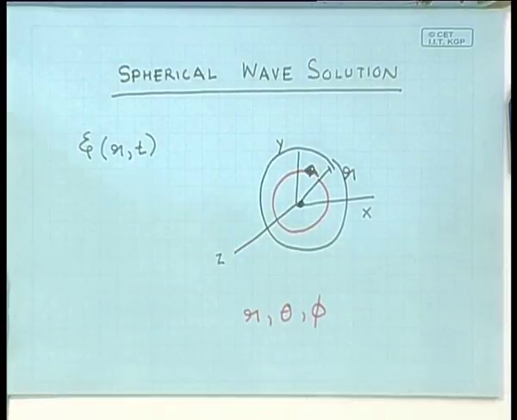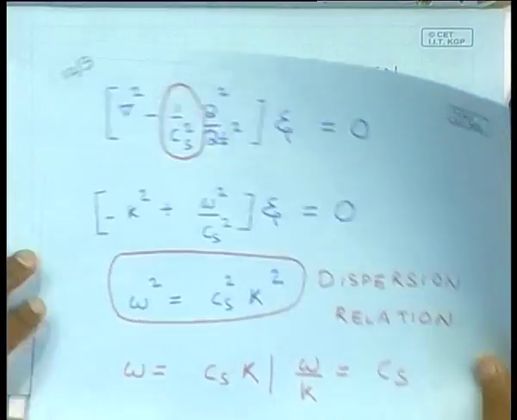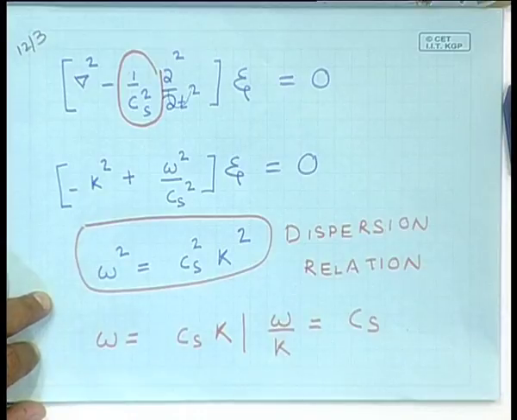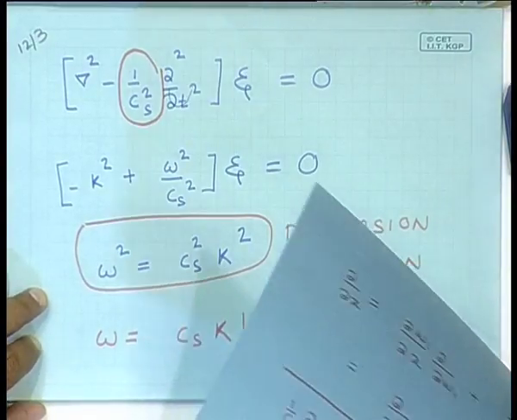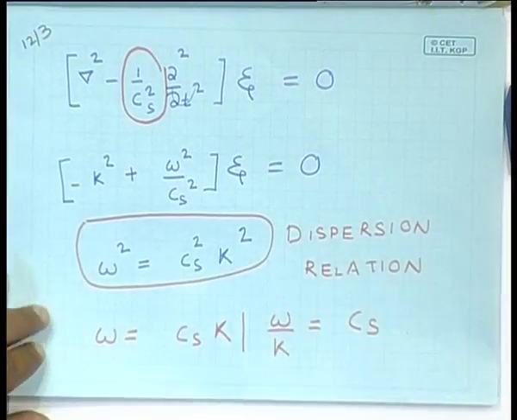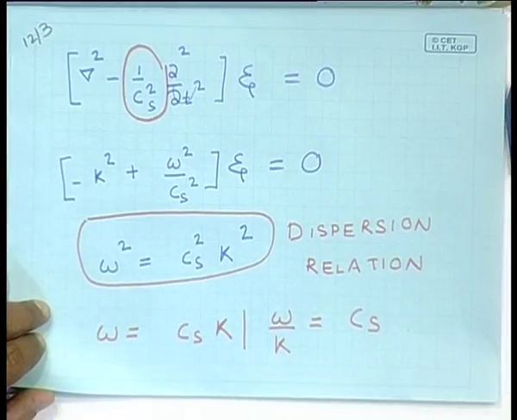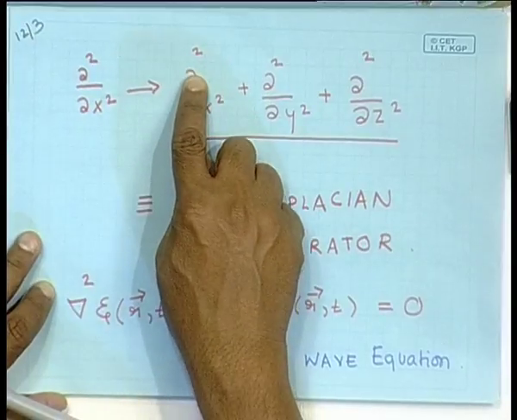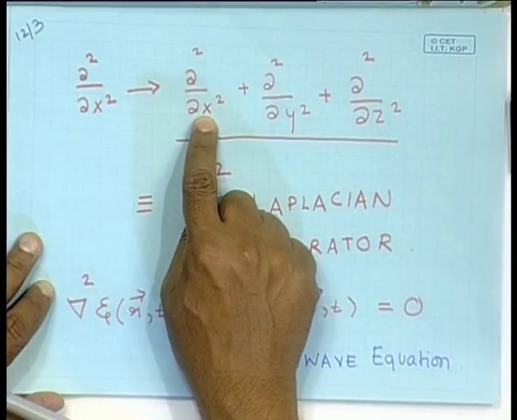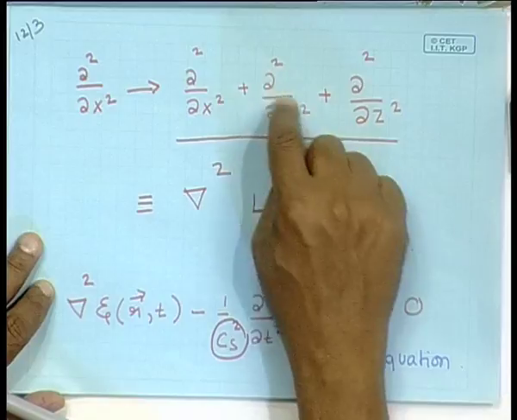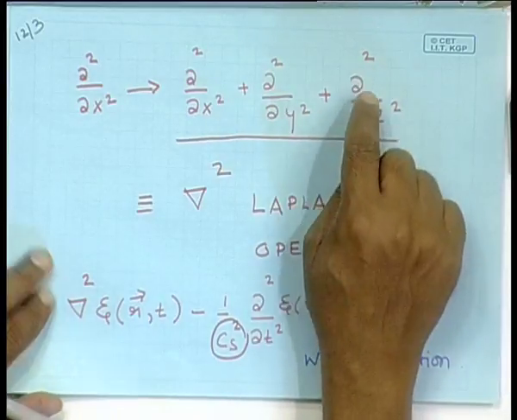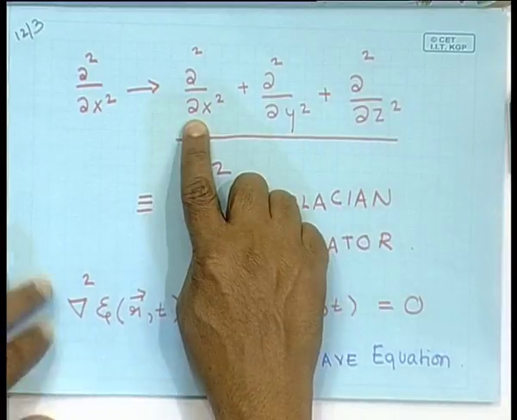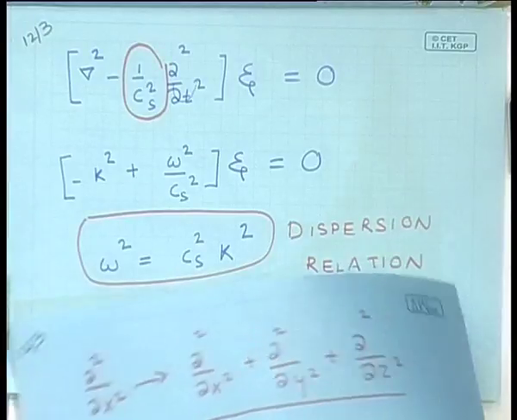The question now is that we have to represent the Laplacian operator. The Laplacian operator, you know, is the sum of partial derivatives. It is the second partial derivative with respect to x plus the second derivative with respect to y plus the second derivative with respect to z.